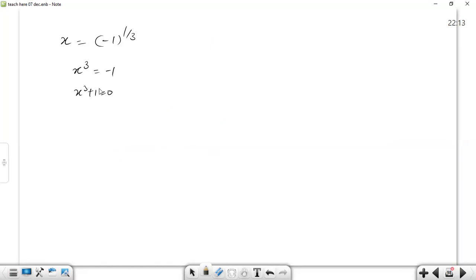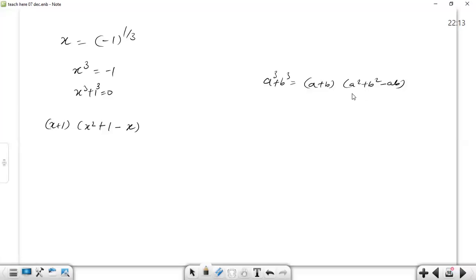If we take 1 as 1's cube and solve this using the algebraic identity, this becomes x plus 1 into x square minus x plus 1, because a cube plus b cube is a plus b into a square plus b square minus ab. No, I guess there will be a negative sign with b also.